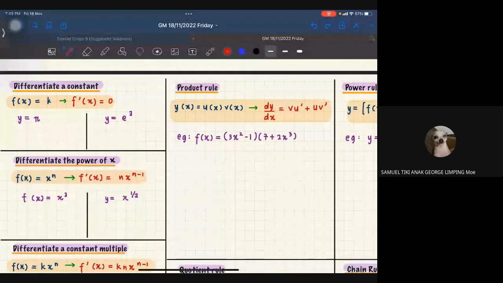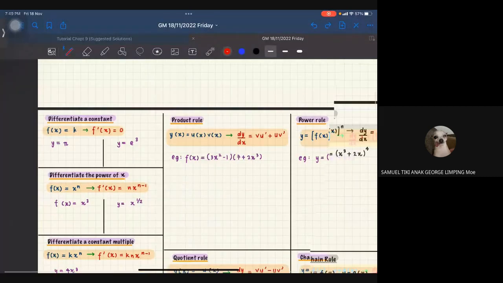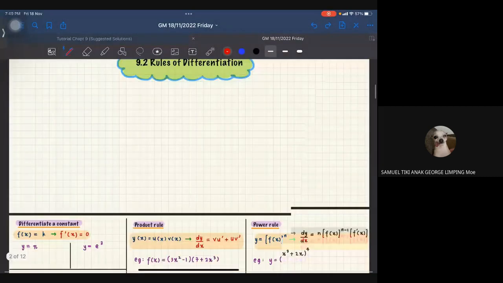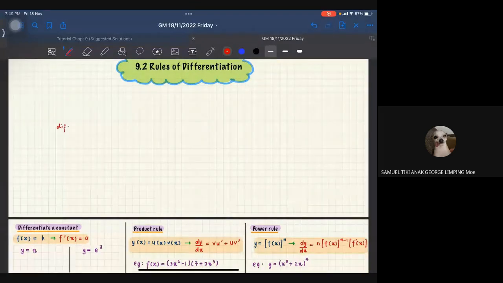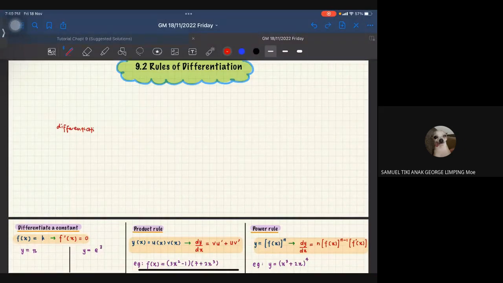So cara nak tulis derivative, okay, so nama lain differentiation tu adalah proses. Let me write it for you dekat atas ni. Differentiation is a process. Okay, and then the hasil from the differentiation is what we call as derivative.